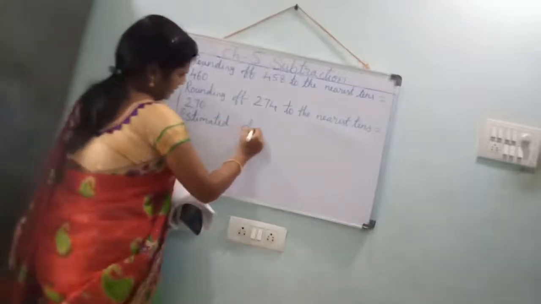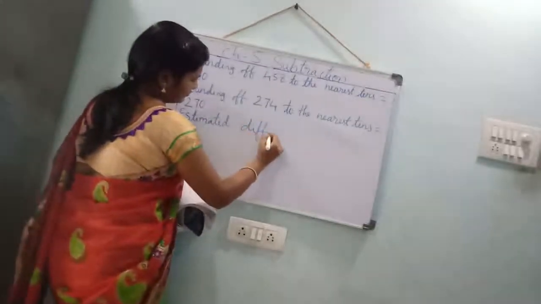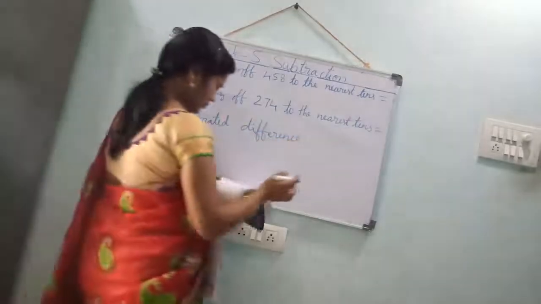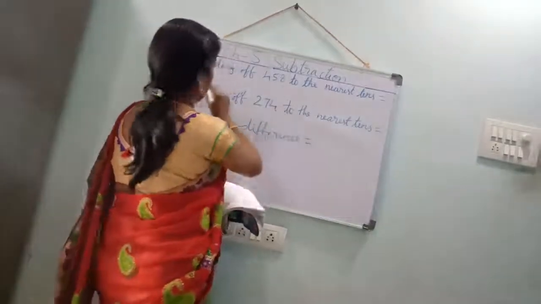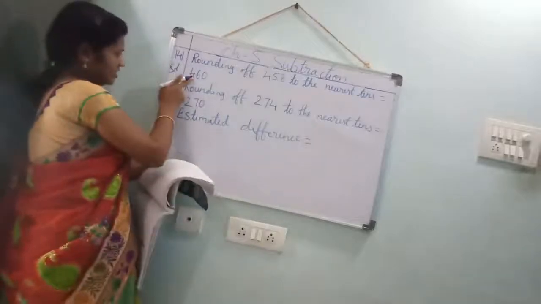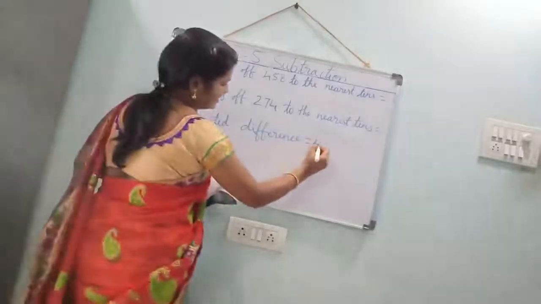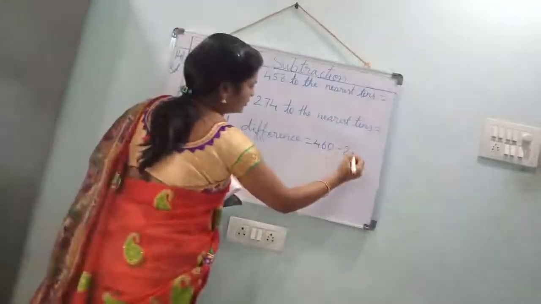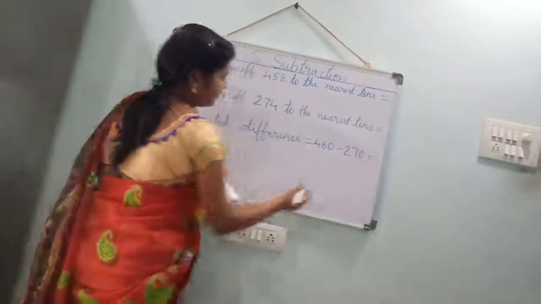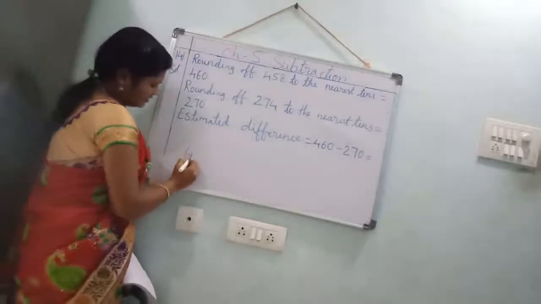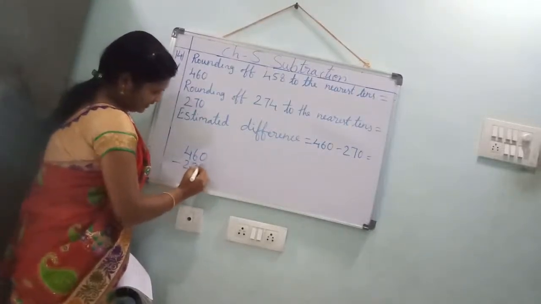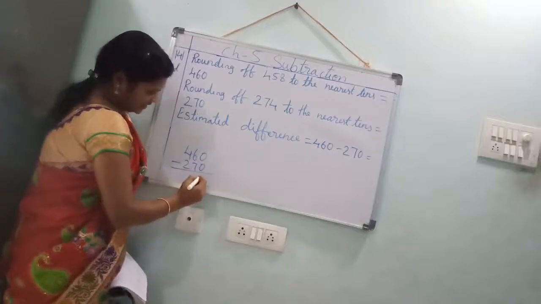Estimated difference is equal to, what is that? Here which number is here? 460 minus 270. See, 460 minus 270. 0 minus 0, 0.